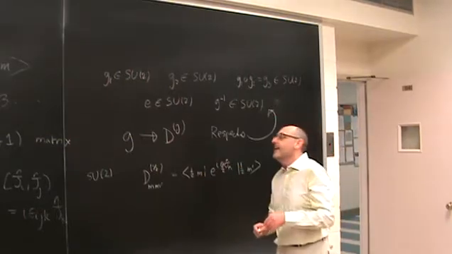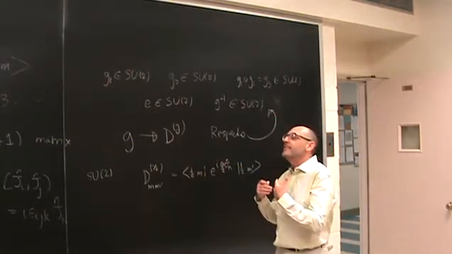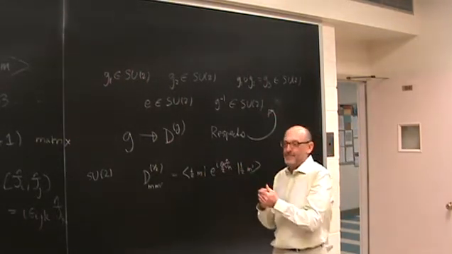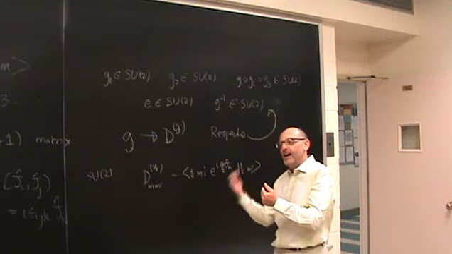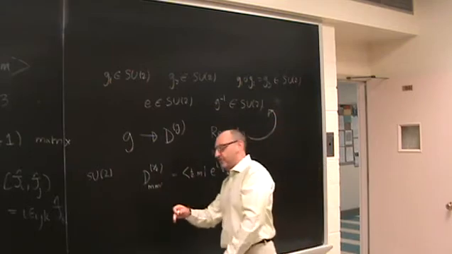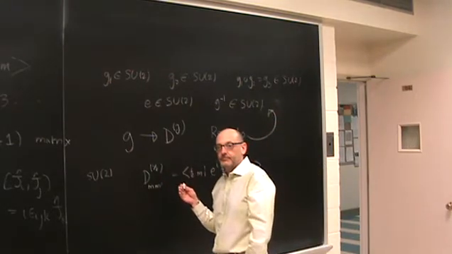But there is a 2-to-1 mapping from SU2 onto SO3. Okay?